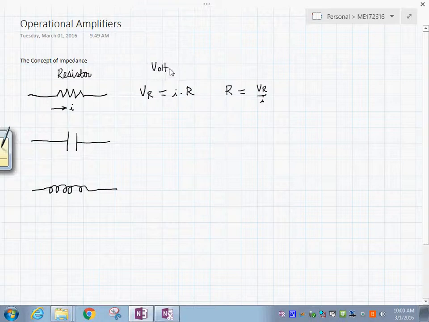Let's do it for the next element. The voltage across the capacitor. Isn't it true that this is 1 over C, the integral of I dt, right? Okay.